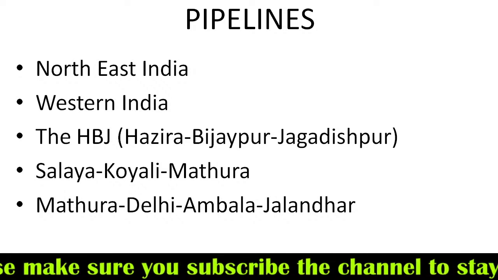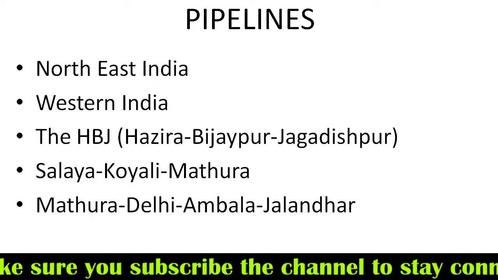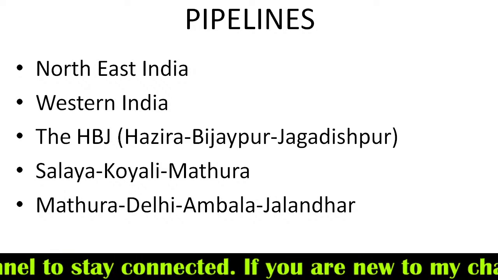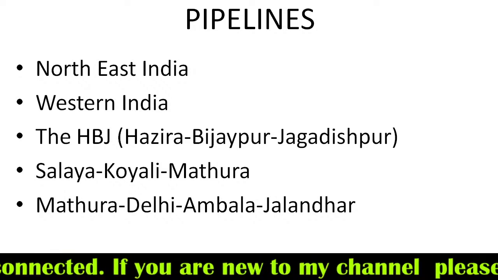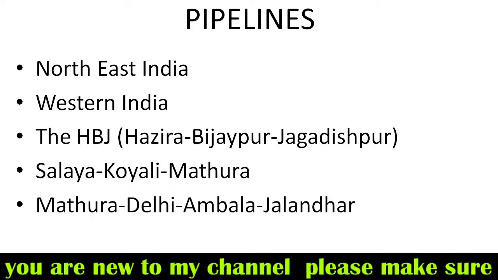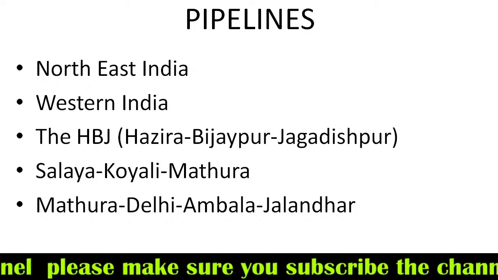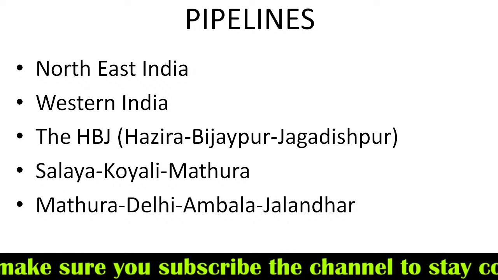This 763 kilometer pipeline was built in 1982 for transportation of petroleum products from Mathura oil refinery to Jalandhar in Punjab via Delhi and Ambala.